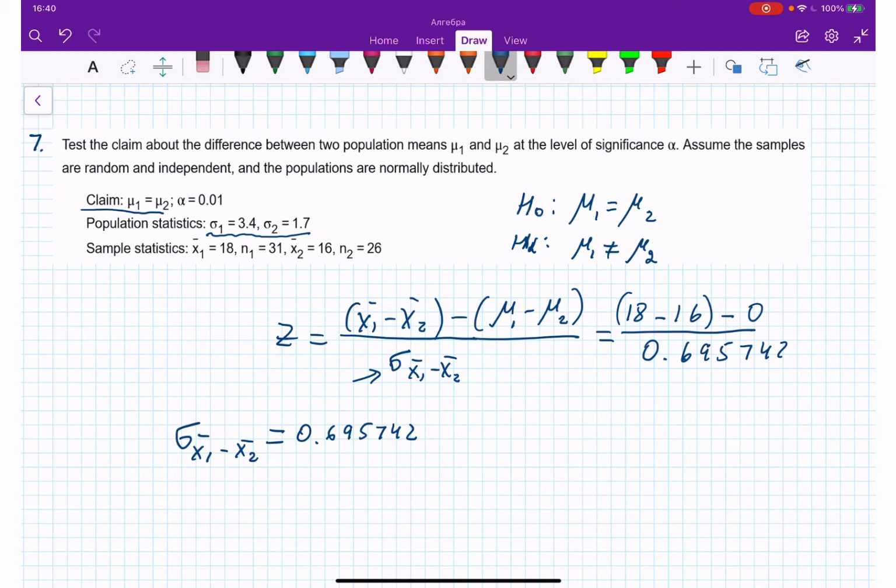I'm rounding to 2 decimals because this score can be only 2 decimals, based on the table.